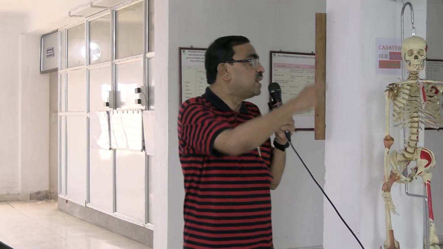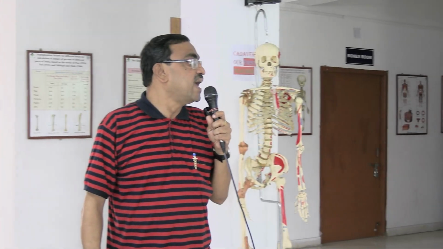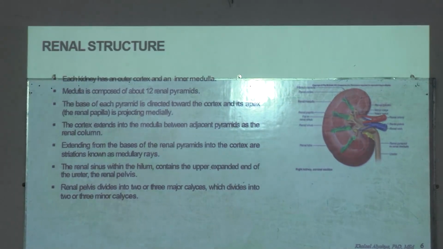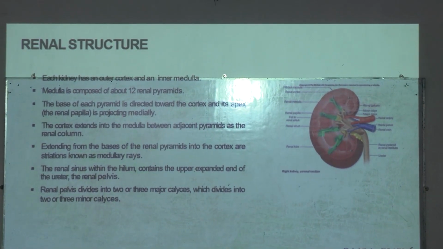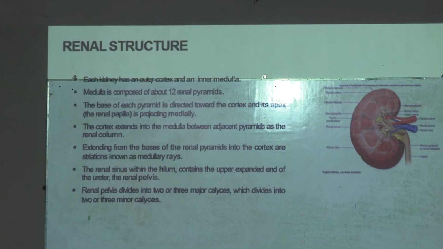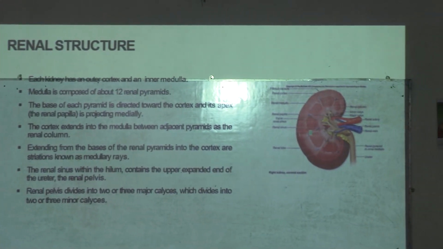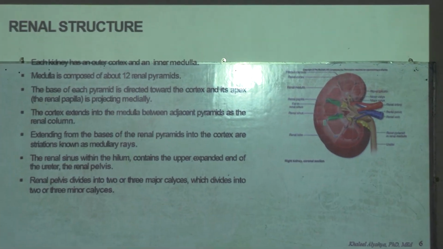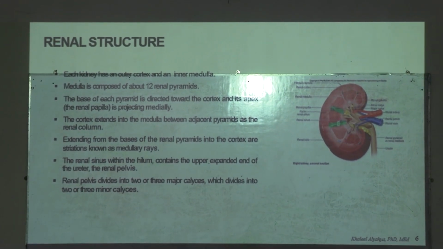And in between the pyramids, we can get again the cortical areas, which are called renal columns. Okay. So, outer cortex and inner medulla, and in between the medulla, we can again get the cortical matter. They are called the renal columns.